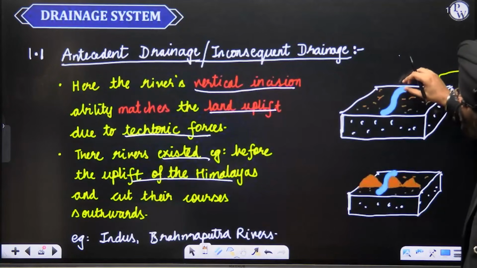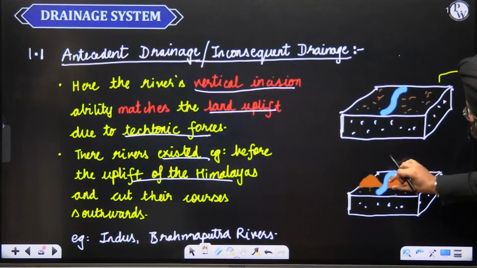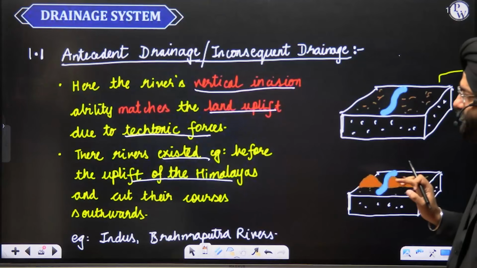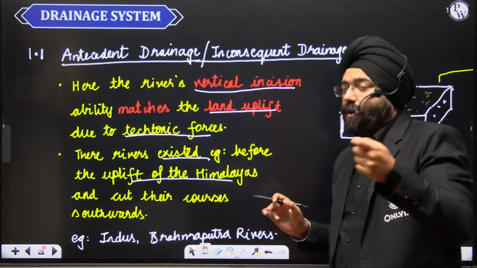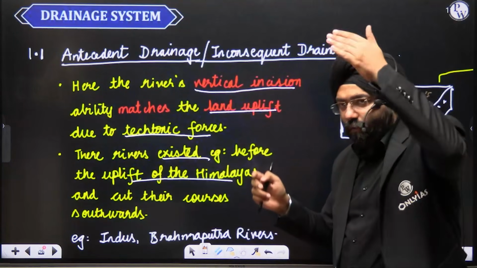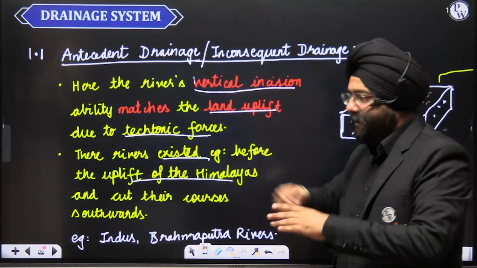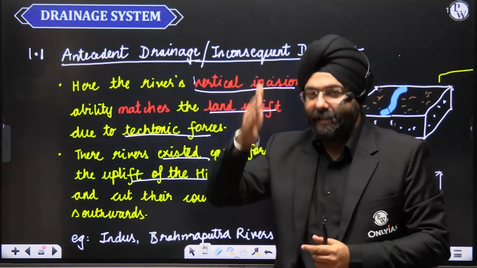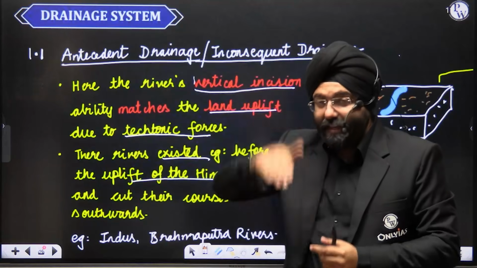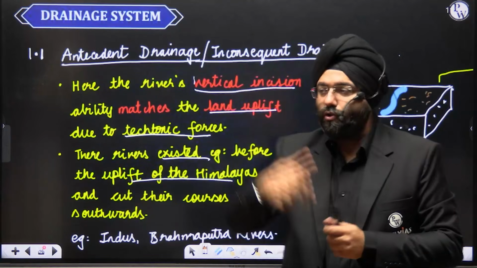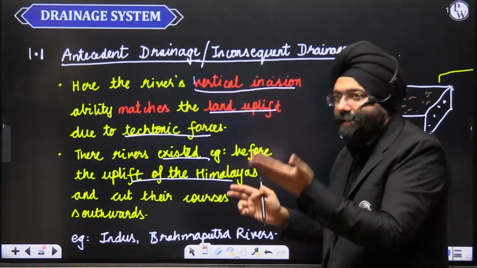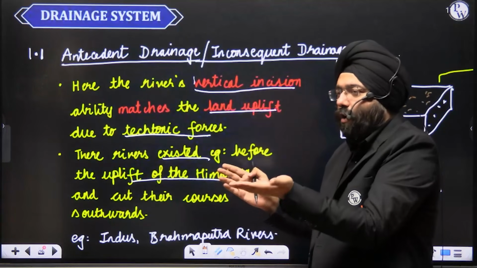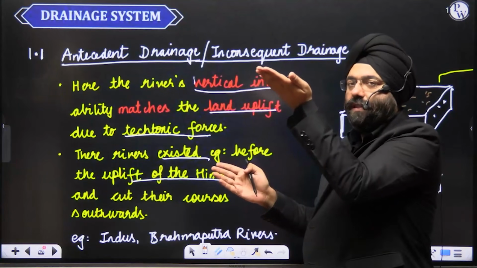So that is why this river was flowing. Now these, let us say, Himalayas have risen. They have cut through the Himalayas and still flowing. So how is it possible if the vertical incision, what do you mean by vertical incision? That means vertically cutting ability. Vertically they're cutting, that is why they're able to flow. So vertical incision ability matches the rate at which a landscape, or let us say a rise of mountain, is taking place.